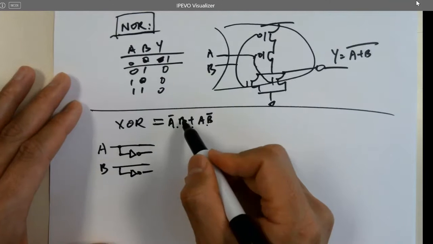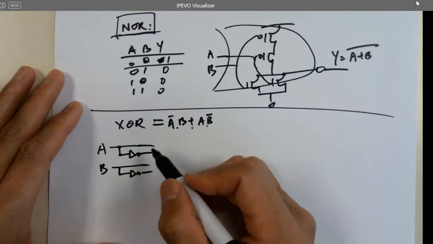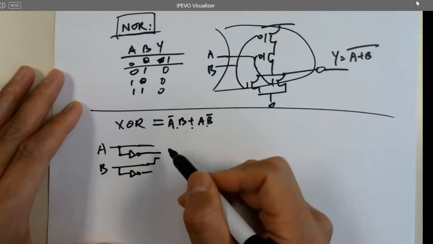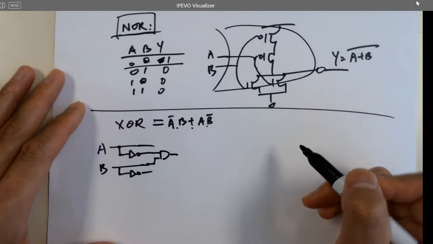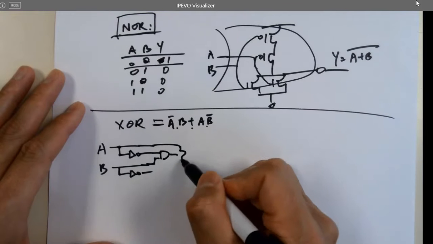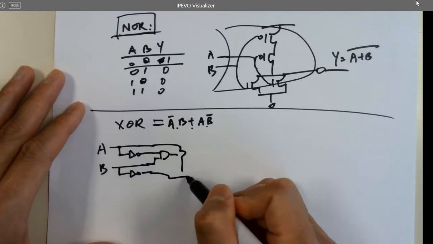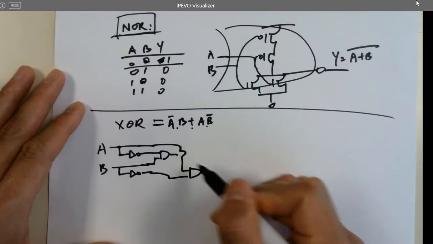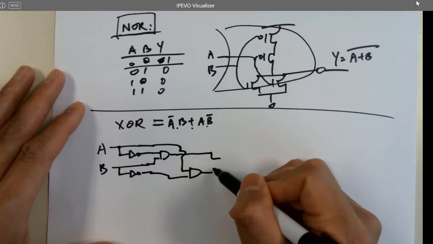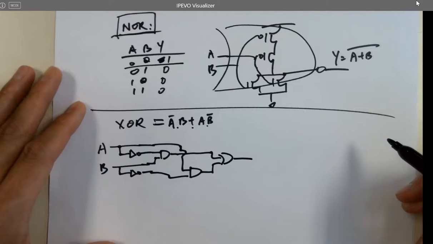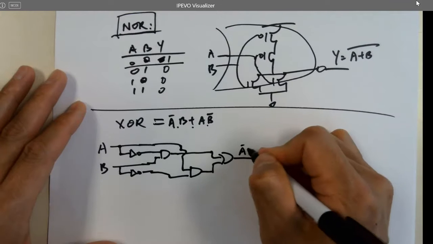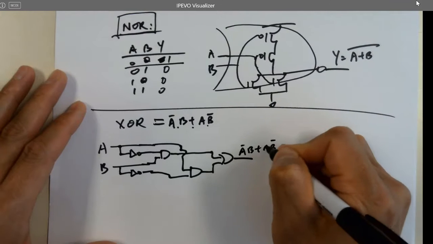So I have A NOT B, like these two, AND logic, A B NOT, AND logic, and these two, OR logic. So this is A NOT B or A B NOT.